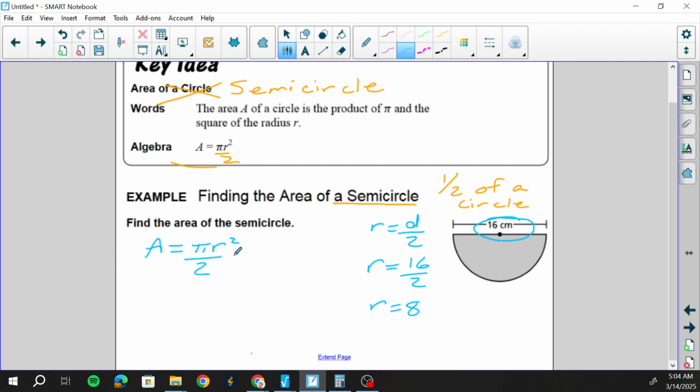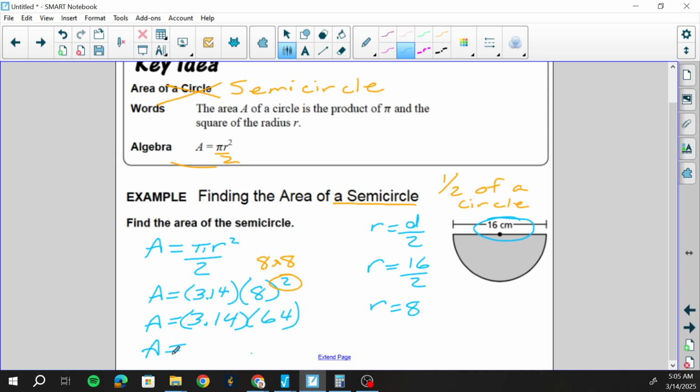So again, I've written down my formula. So we go area equals, we replace pi with 3.14. I replace r with 8, and then I square. One more time. That square means we do 8 times 8. So we have A equals 3.14 times 64.